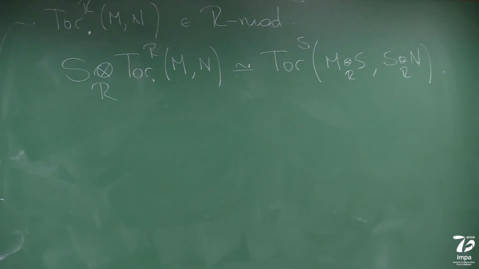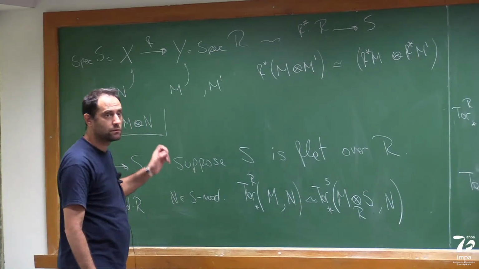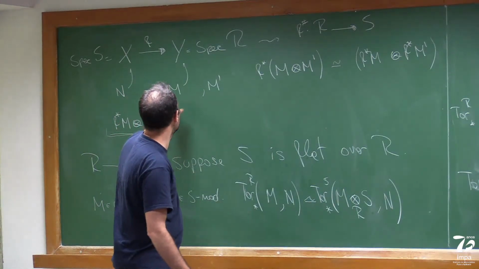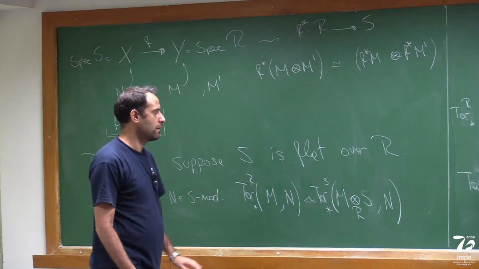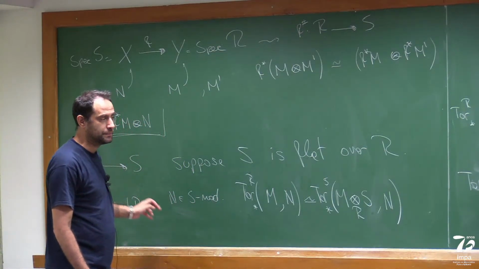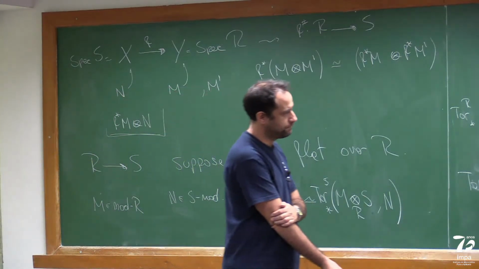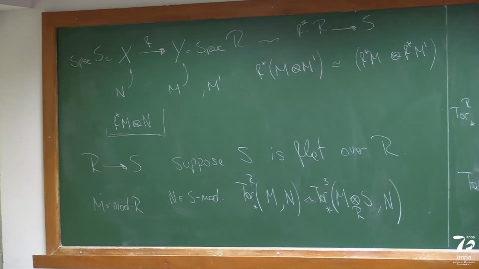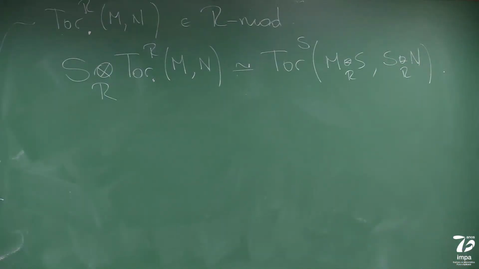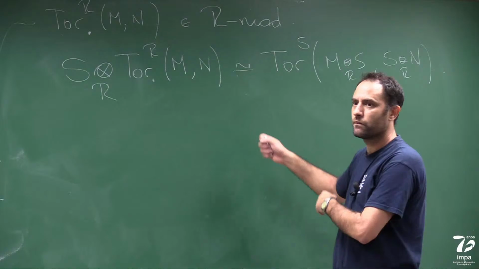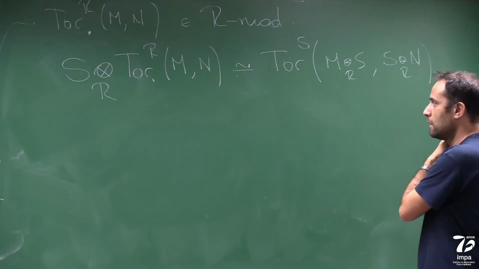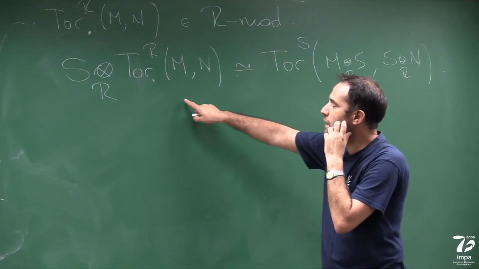And now it makes it clear when that happens: when S is flat as an R module. Because to prove this lemma, we needed flatness for S as an R module. All right, so what I know is this, and what I want is this. I need to understand how to compute this.